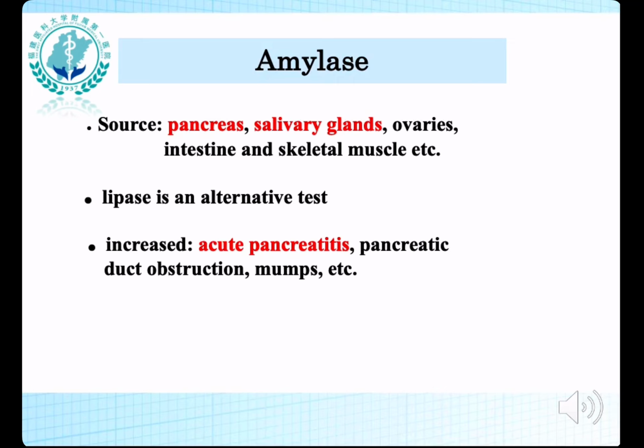Okay, the last enzyme marker, amylase. Amylase is mainly from the pancreas and salivary glands, and it also comes from ovaries, intestine, and skeletal muscle. And lipase is an alternative test of amylase for acute pancreatitis, okay? And amylase is a very, very useful marker for diagnosis of pancreatitis, and also for pancreatic duct obstruction and mumps.